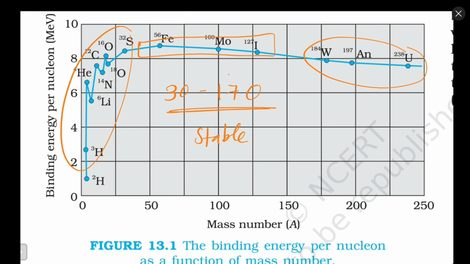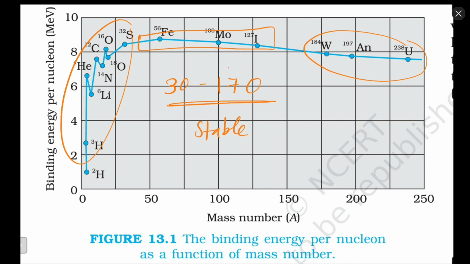Now this graph is very important. This graph tells us about the binding energy per nucleon with the mass number. This is the mass number, and this is the binding energy per nucleon.